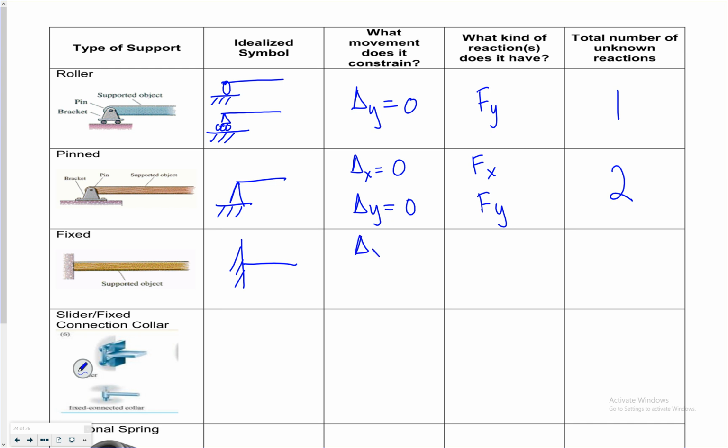Fixed connections means it can't displace in either direction and it can't rotate. So that means I have a reaction force in X and Y and a reaction moment about the Z axis. 1, 2, 3.